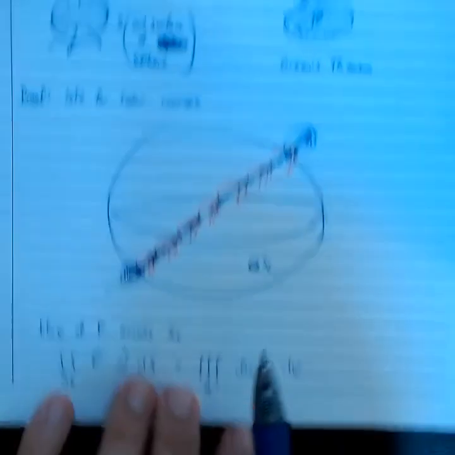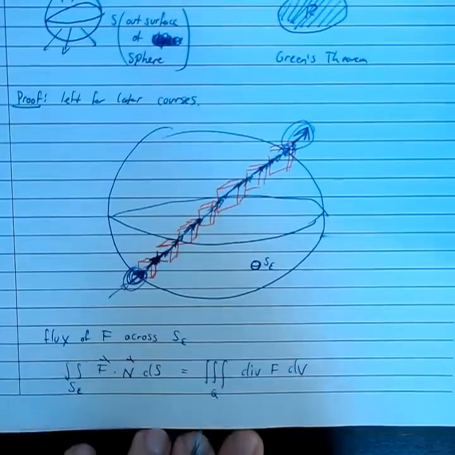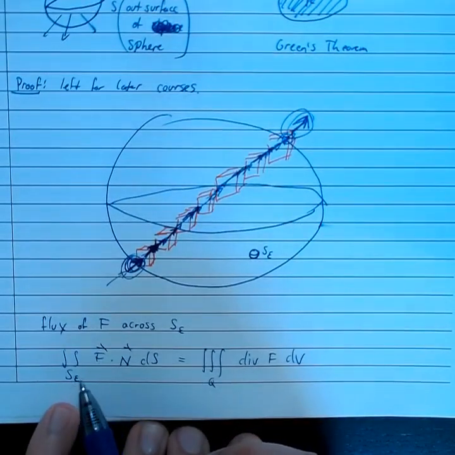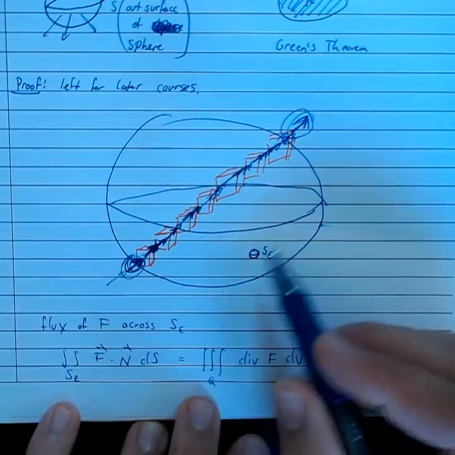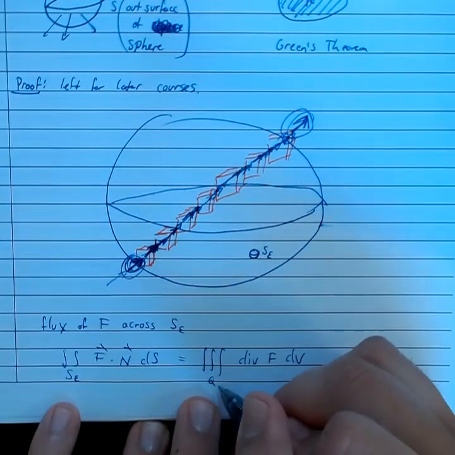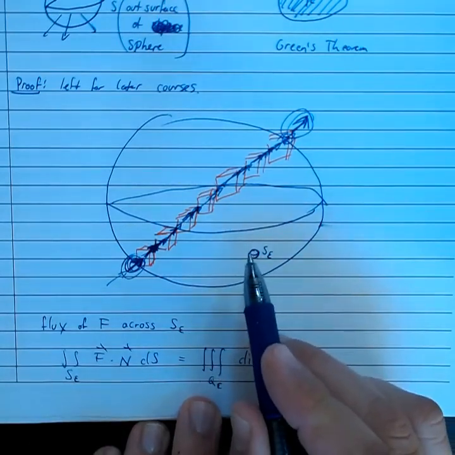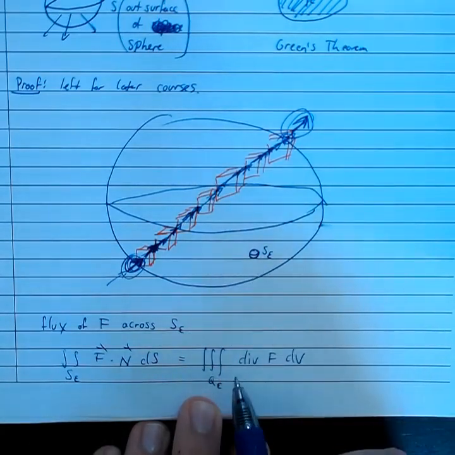Here I've just rewritten the results of my theorem. But now notice that because this is a really tiny little thing, then Q, the space inside of this, let's call that Q epsilon, the solid inside of that surface, is also very, very tiny.